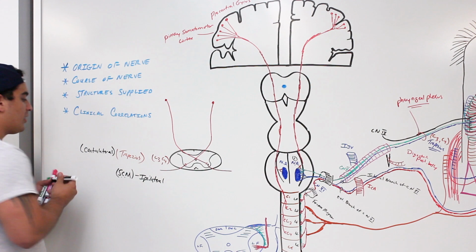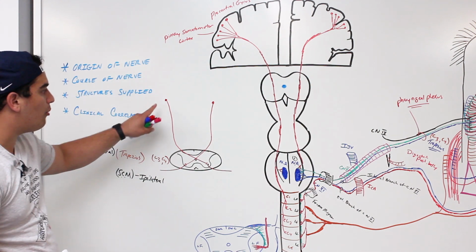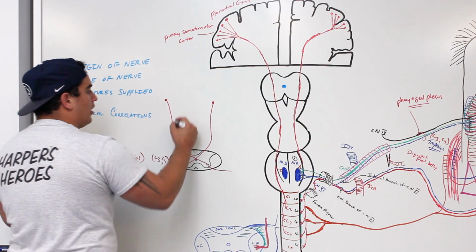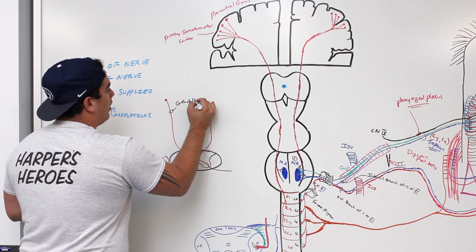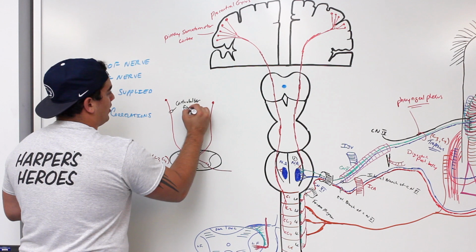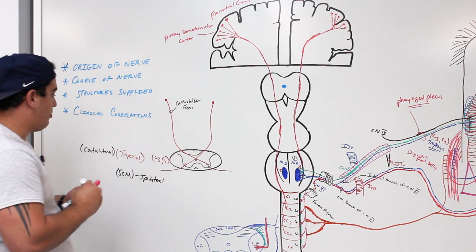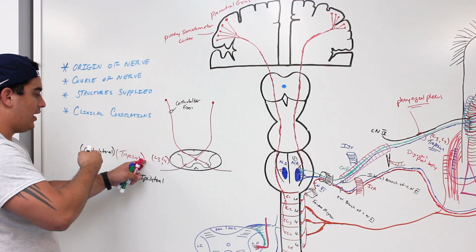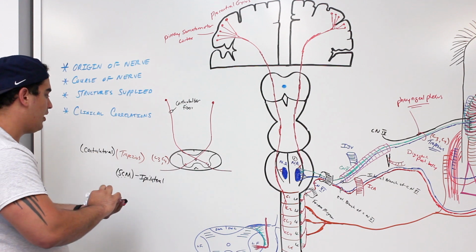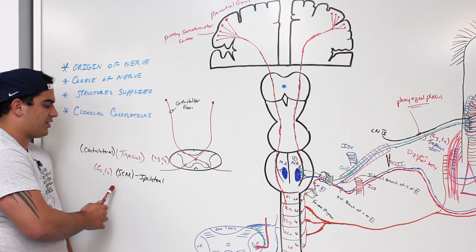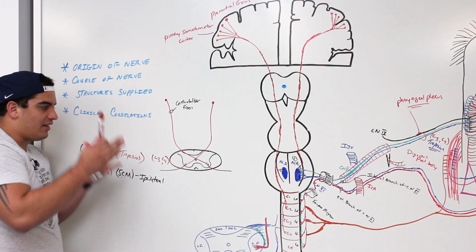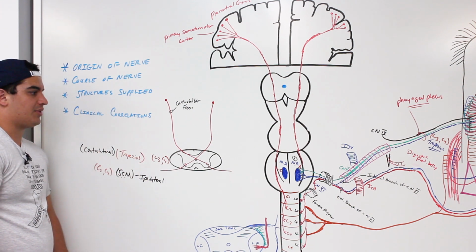Just so that we apply that concept. So what are these fibers here called? They're called corticobulbar fibers. If they're going to the trapezius, they'll actually cross and go to the C3 and C4 nerve root. But the ones going to the sternocleidomastoid, specifically around the C2 and C3 region of the spinal cord, for some weird reason, stay on the ipsilateral side.